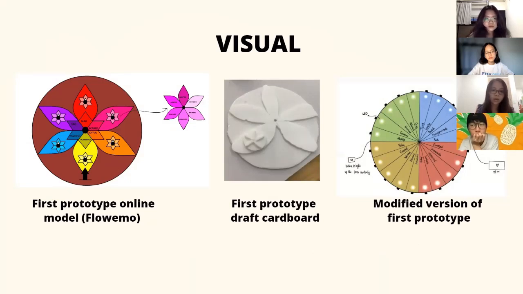And the second one, we started to build the first prototype based on the online model with draft cardboard. It has 5 petals since there was some struggle during the building process. And we have the modified version of the first prototype, which is the current version right now, based on the suggestion of the infrared sensor and Arduino from our professor and TA ideas.